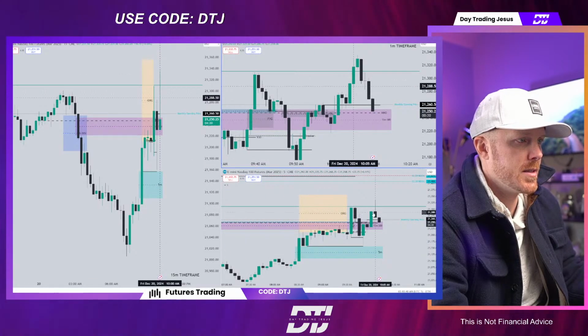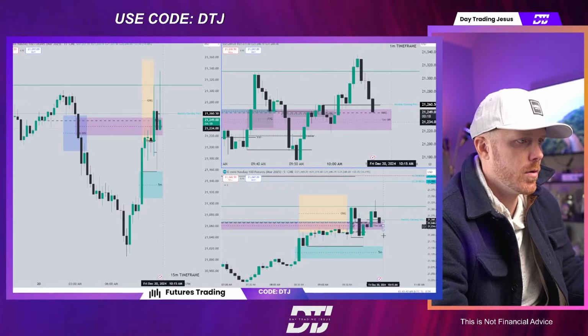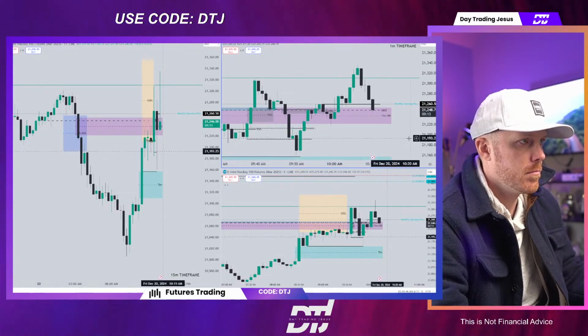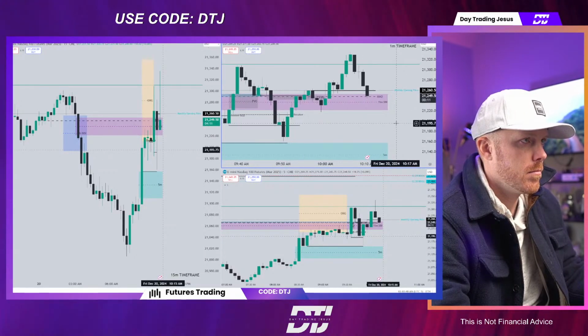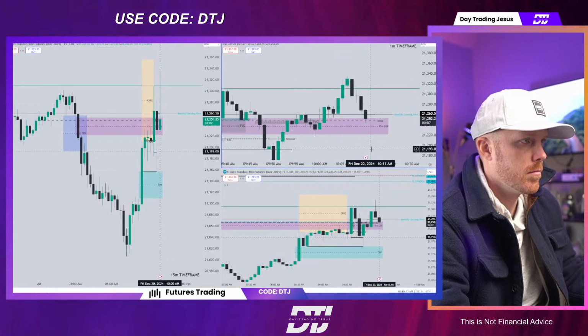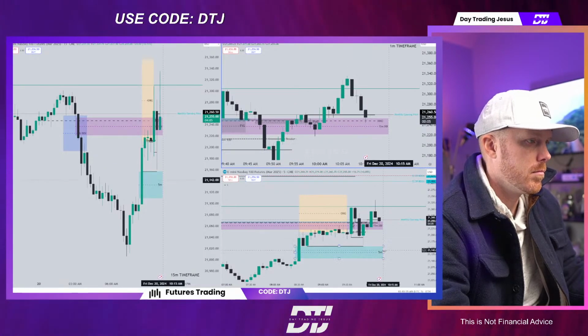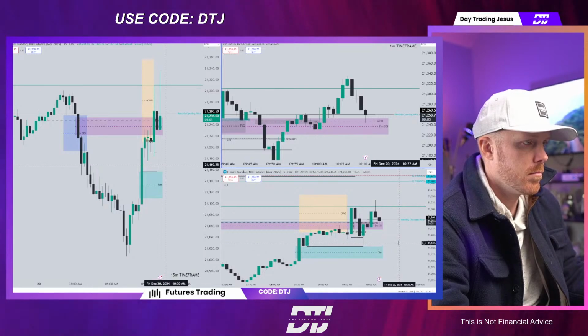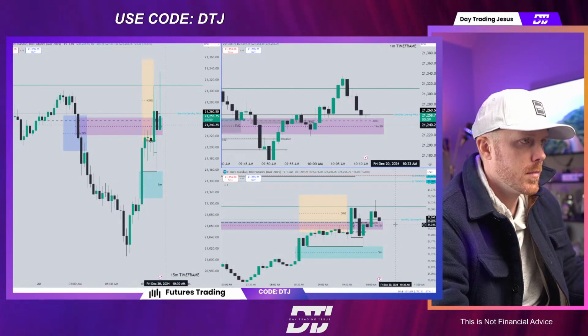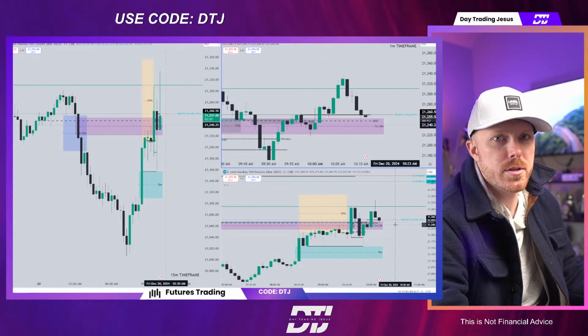Five-minute swept the highs, made lower bodies. Looks like seek and destroy conditions.